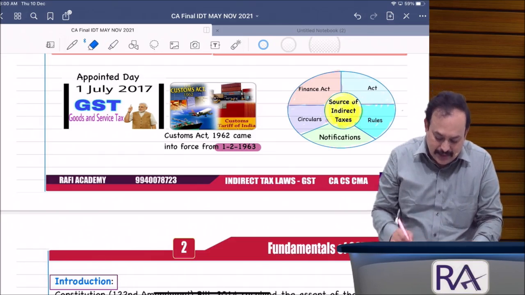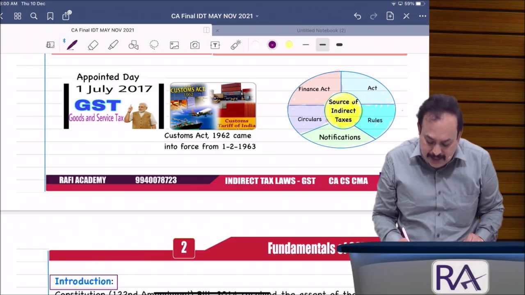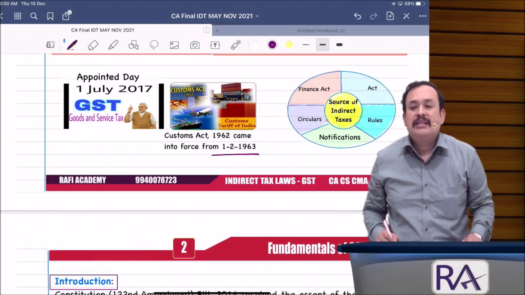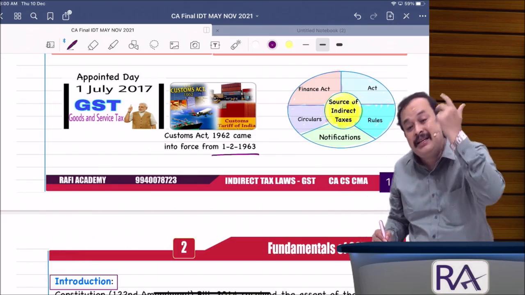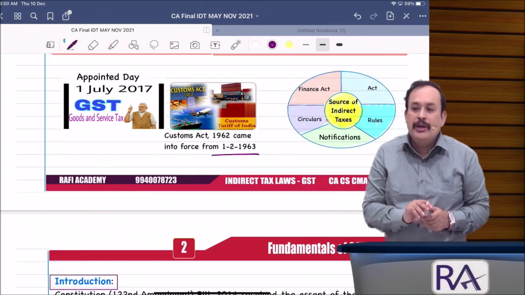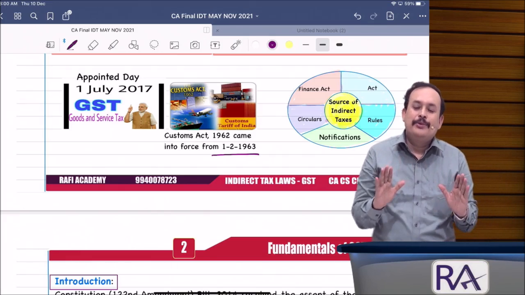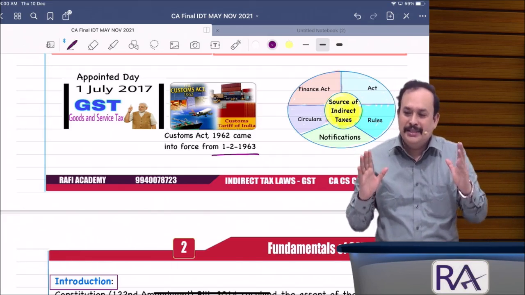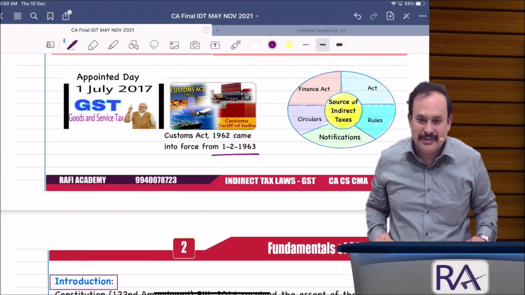What I am saying is, from 1st February 1963 onwards, the Customs Act has been introduced in India to levy duty, but the Act was enacted in the year 1962. Fine. Now, we are going to go with GST provisions. Let us concentrate with a cool mind on GST provisions, right from basics to advanced concepts.